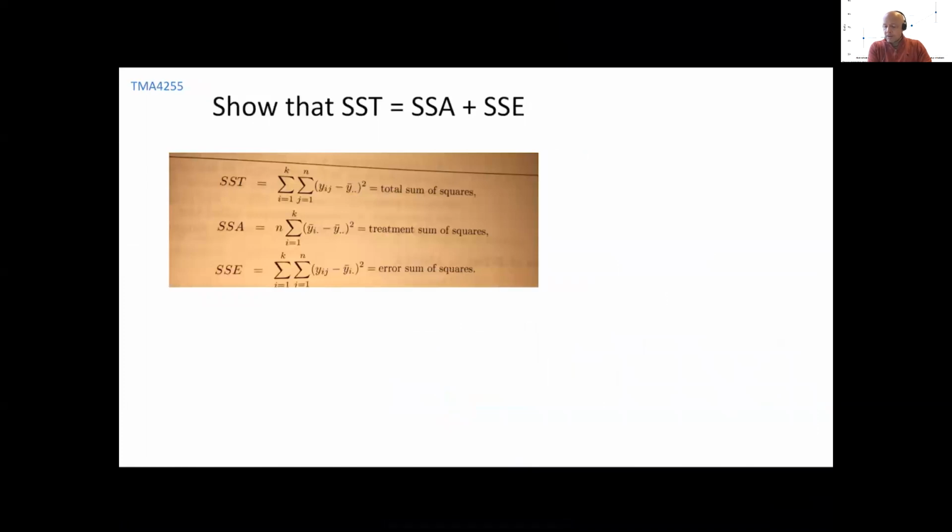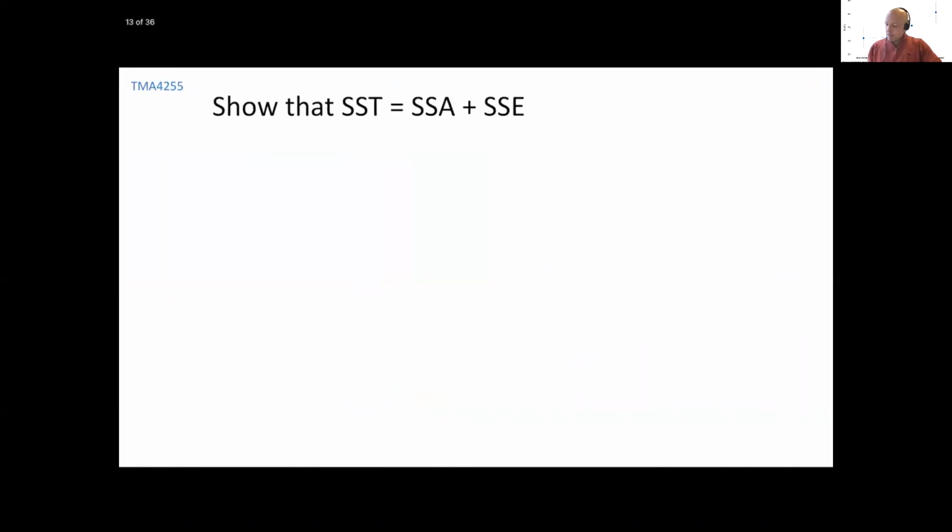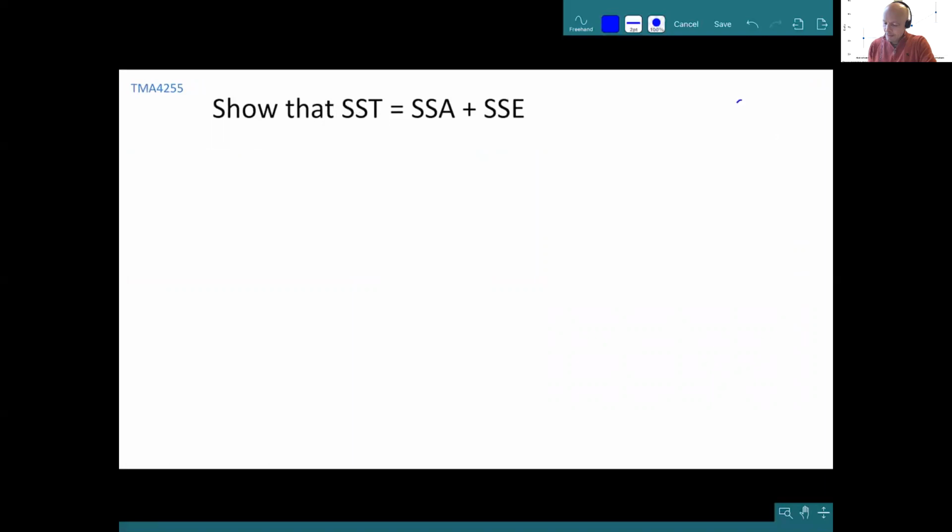Right. The sum of squares splits into 2 components. And I thought we could do this calculation to show what is happening here in a simple case. So let's sketch the SST. What was SST? That's the sum over j from 1 to n, sum over i from 1 to k, and in here we have y_ij minus y bar dot dot. This is the grand average.